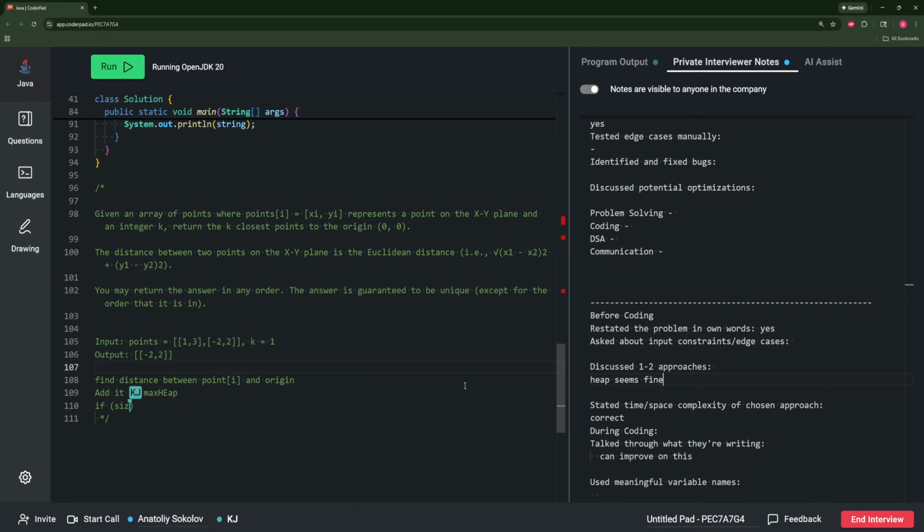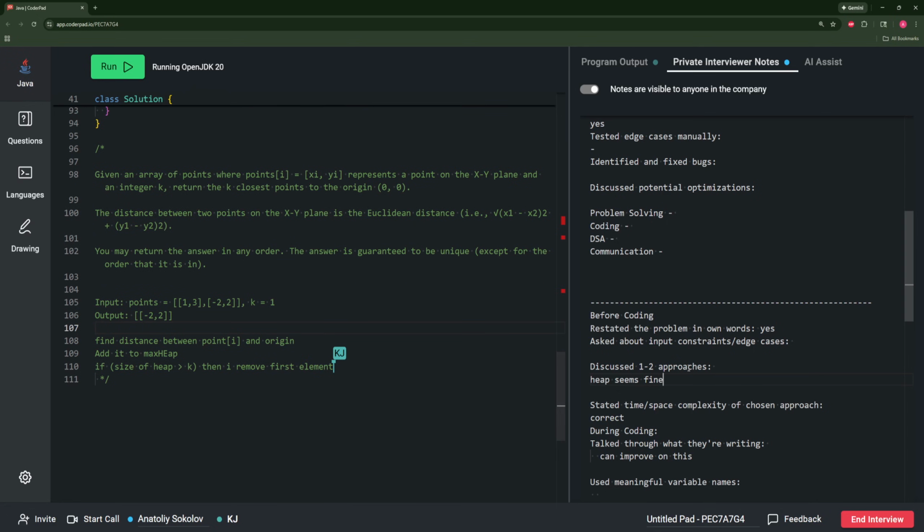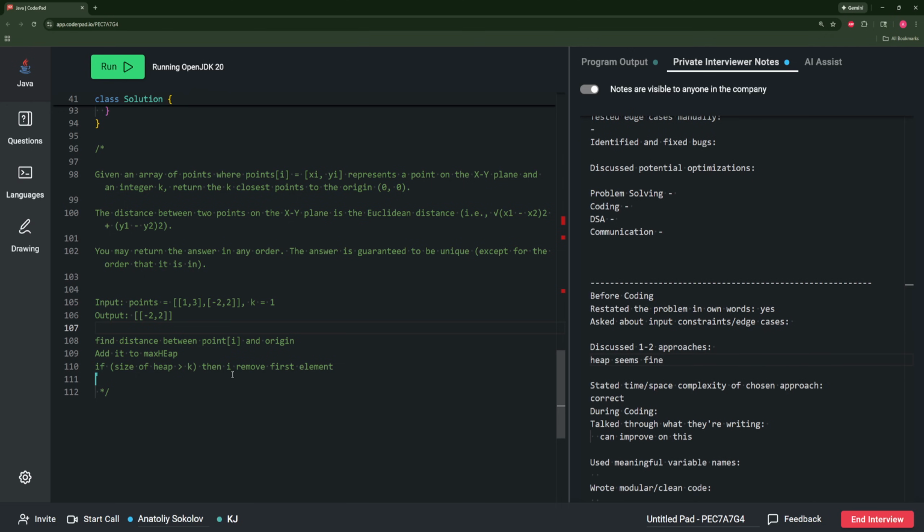So if the size of the heap is greater than k, then I remove the first element, and I'll continue doing this for all of the points. And at the end, I'll have k elements in my heap, which will be closest to the origin.